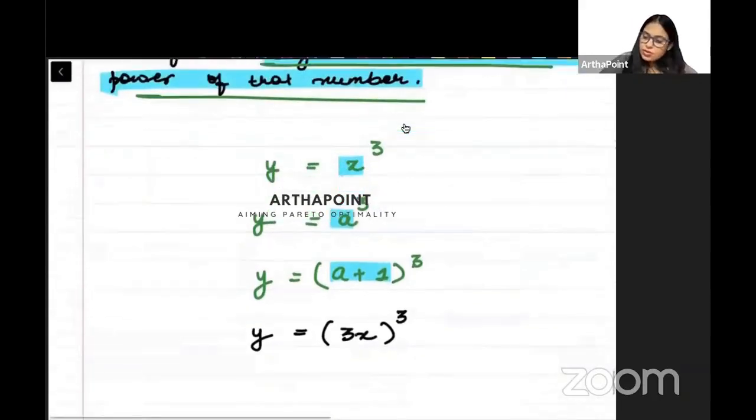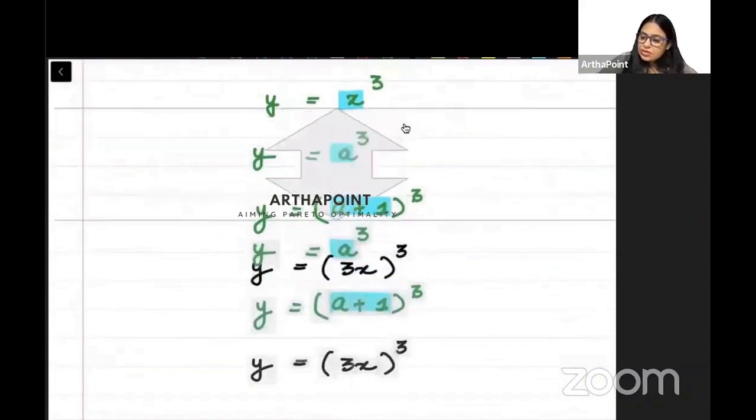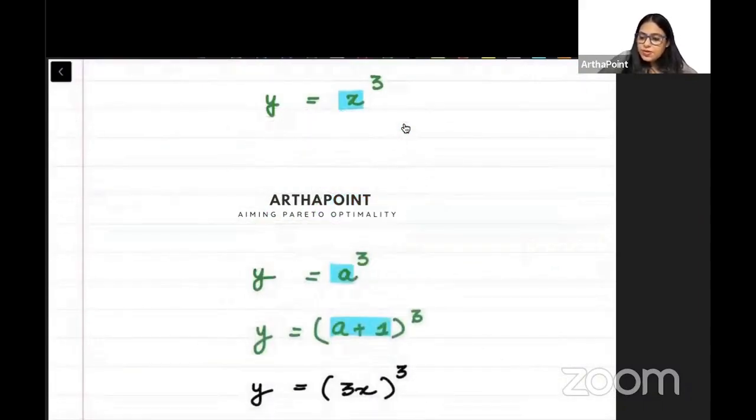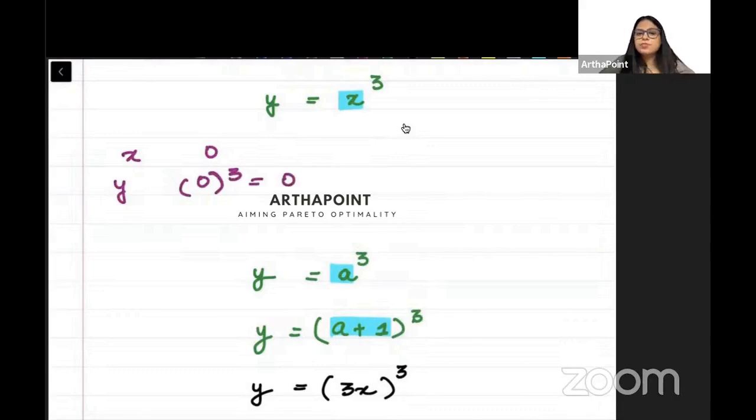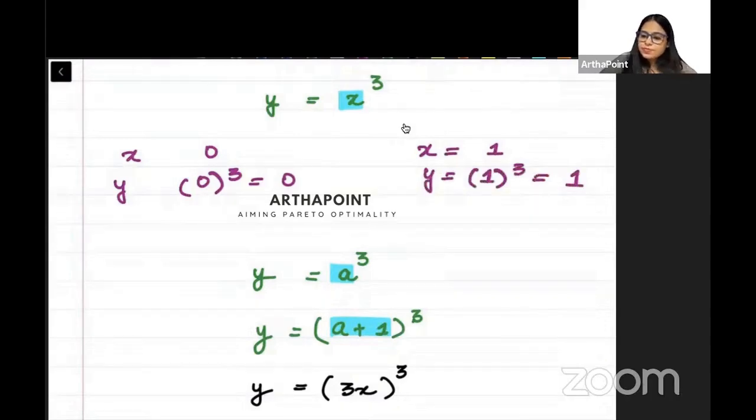Okay? So let's take the first example. What will happen in this case, beta? When x is 0, y will be 0 to the power 3, that means 0. When x is 1, y will be 1 to the power 3, that means 1.